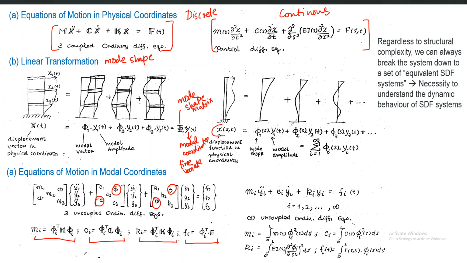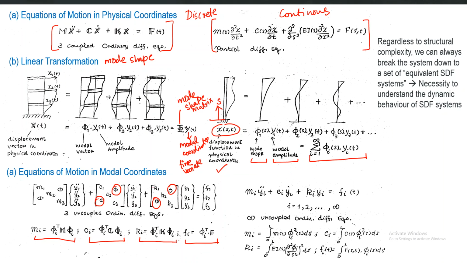So if x of s comma t is the displacement function in physical coordinates, which is a function of both the x axis as well as the time domain, it is now transformed so that it is equal to the mode shape times the modal amplitude, or the modal coordinates. This is the same transformation, but now for the continuous structures and their mode shapes.